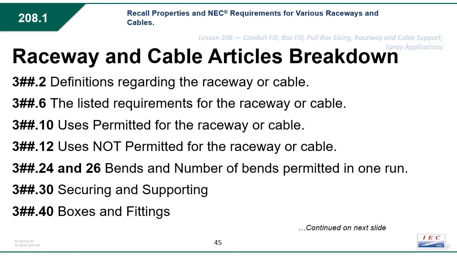I would turn to 334.10 for uses permitted, 334.12 for uses not permitted, 334.26 and 24 for bends, number of bends permitted in one run, 334.30 for securing and supporting, to make sure I know what intervals to secure and support these things at. And then anything regarding boxes and fittings, I would turn to 334.40. I would write these dots down as they will be useful to you in the exam.